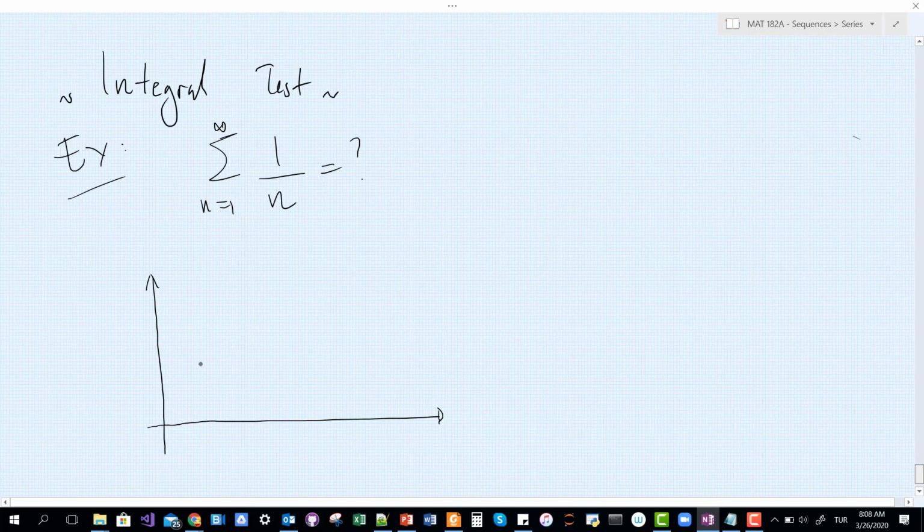If you remember how we represented sequences, we use a graph, as in this case, to represent the n terms in this way. n is equal to 1, n is equal to 2, n is equal to 3. For n equal to 1, I should have 1. For n equal to 2, I'm going to have 1 over 2, and so on and so forth, 1 over 3.